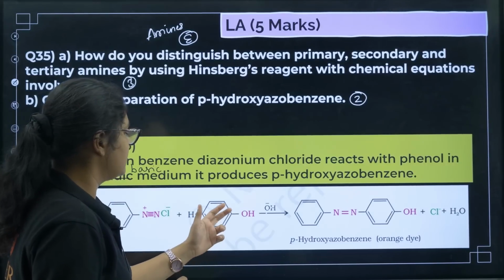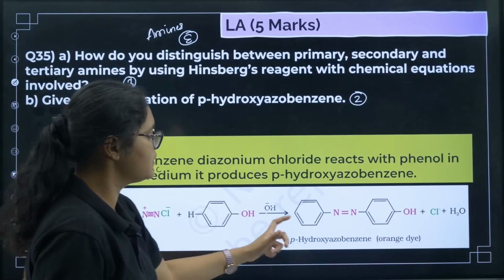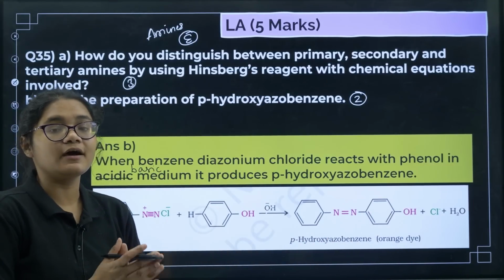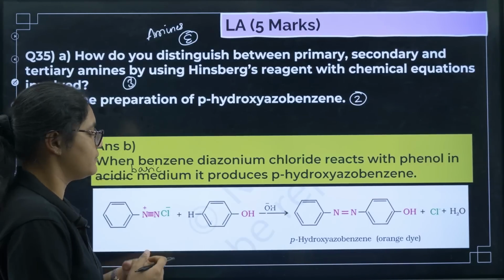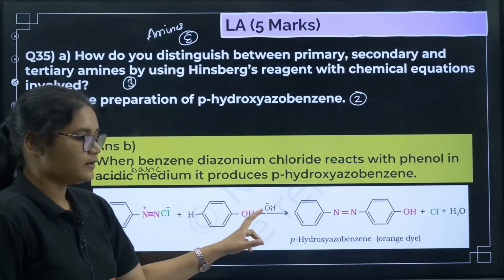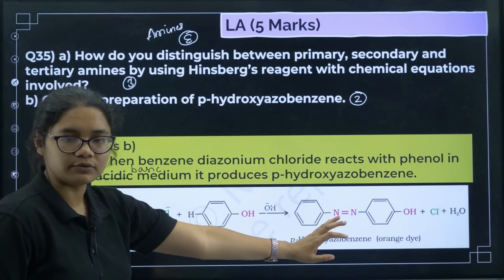So here I will get OH, so this gives you OH minus. In that medium, if you react, you will get para-hydroxyazobenzene. If you create para-aminoazobenzene, then we use an acidic medium there, right? So this has to be clear, be very clear in this one. This is basic medium, it will give you this particular compound.